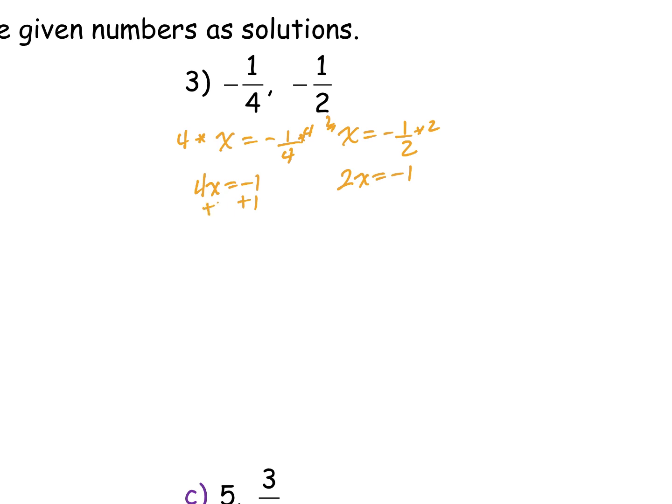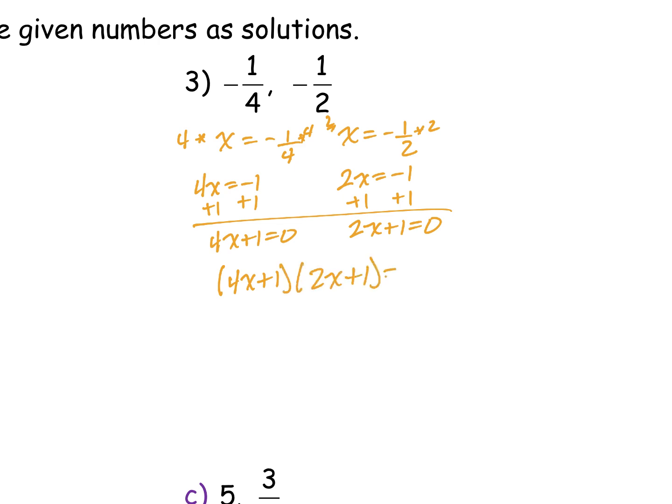Then add 1 to both sides. And I get 4x plus 1 equals 0, and 2x plus 1 equals 0. So see, just slightly harder, right? Not too much harder. Okay. And then I'm going to get 4x plus 1 times 2x plus 1 equals 0.